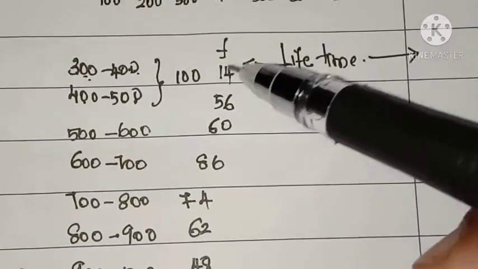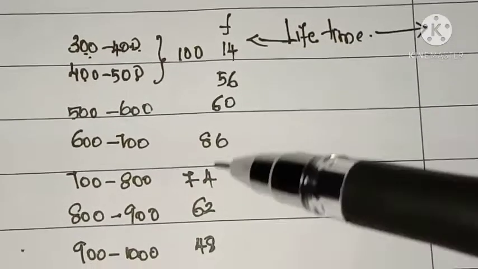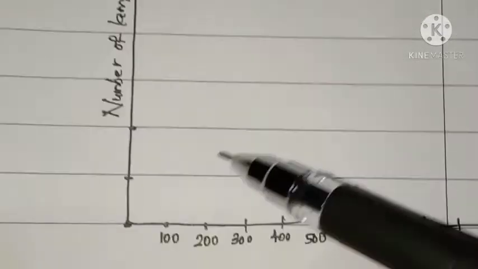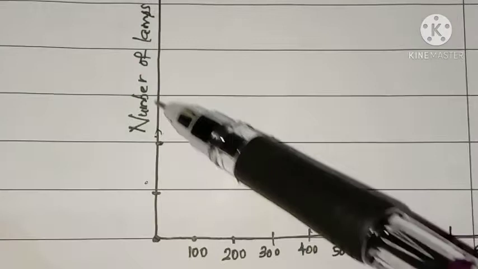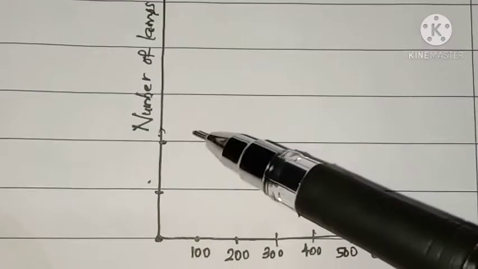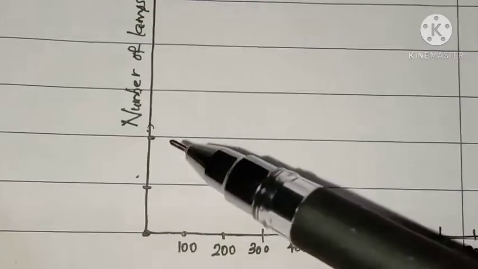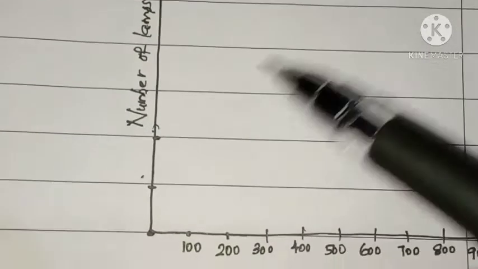So here all the values are 2-digit numbers and the highest value is 86. So along the y-axis it is not possible to write 1, 2, 3, 4 up to 86. It is not practical. That's why I am telling you to take a convenient measurement along the y-axis.